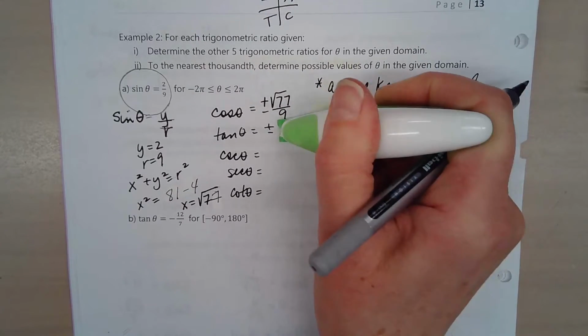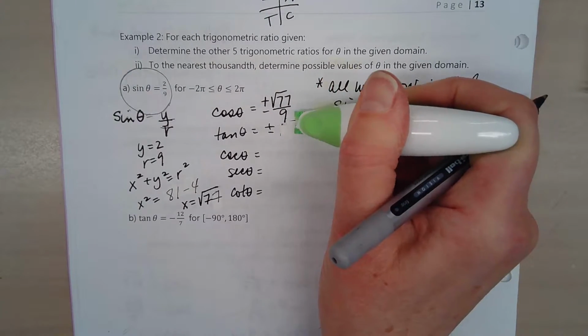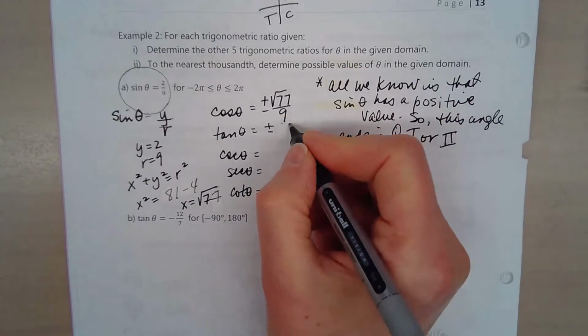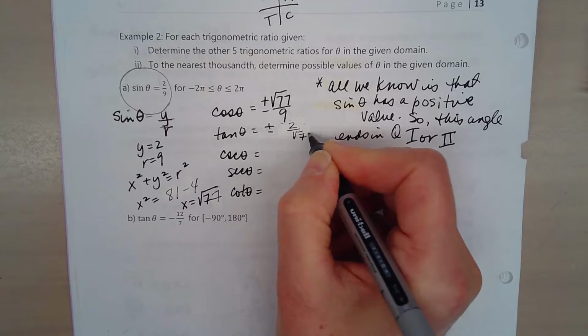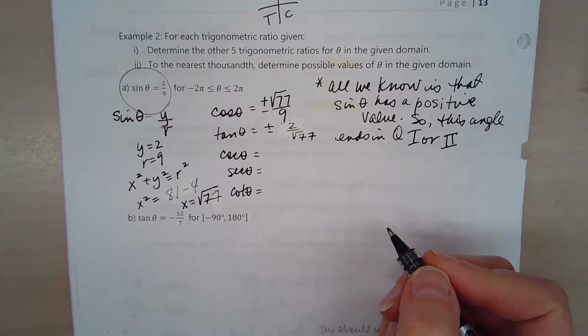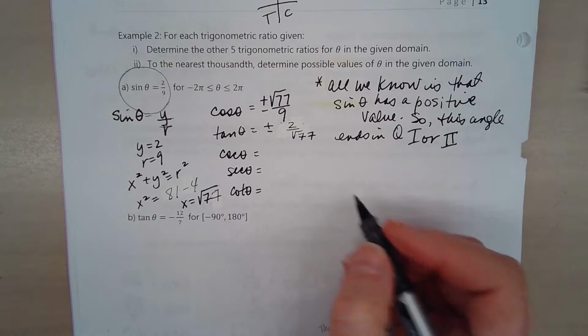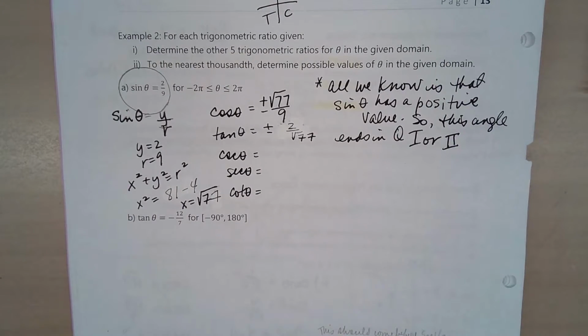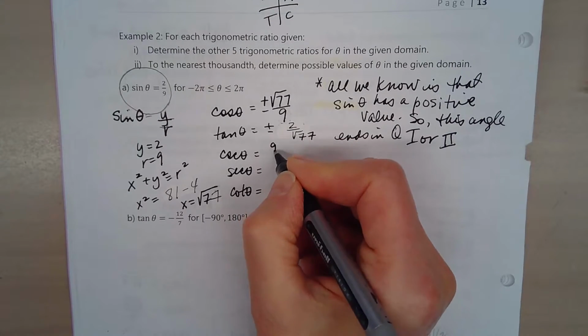Tan is y over x. So we've got 2 over root 77. And now these are just the reciprocals, right? So cosecant is just the flip of sine, so it'll be 9 over 2.